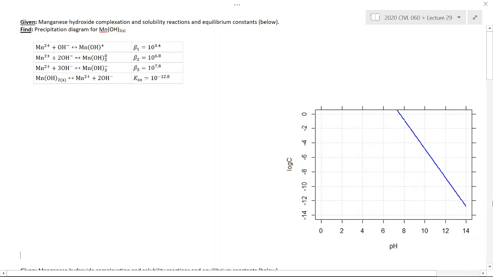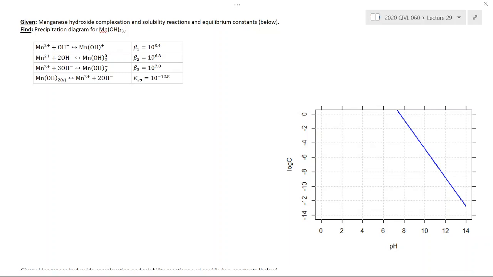For these 4 reactions, I have beta values for the first 3 reactions, and these were obtained from table 5.1 in the textbook by Snoeyink and Jenkins, Water Chemistry. The last reaction is also shown on table 5.1, but it can also be found on table 6.1 in that textbook.